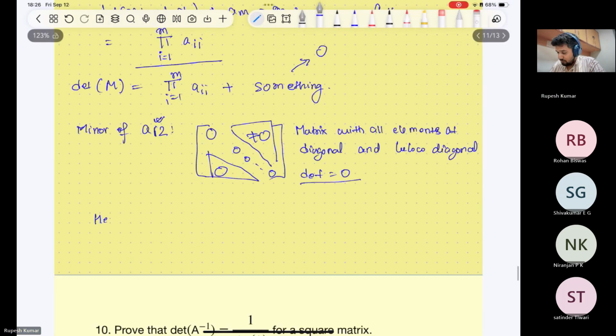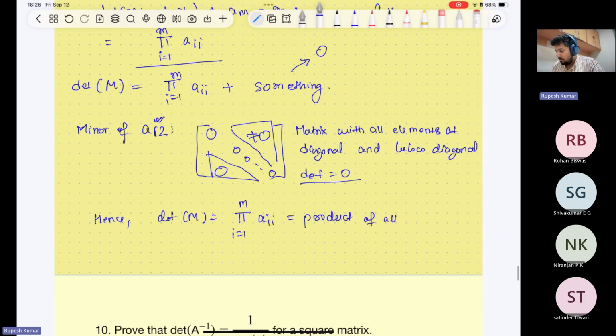Hence, the determinant of M is essentially the product of i equals 1 to M of Aii, which is equal to the product of all diagonal elements. Fine, everyone.